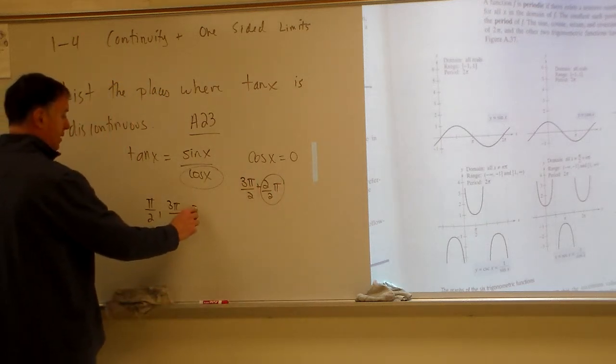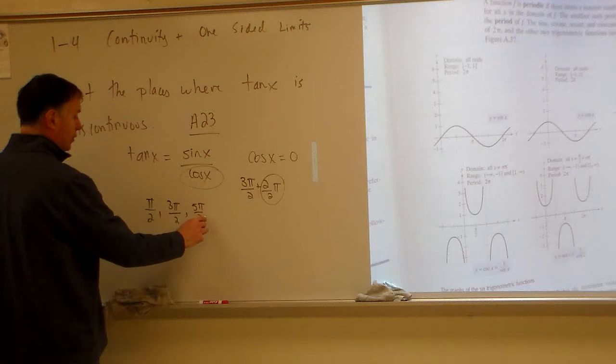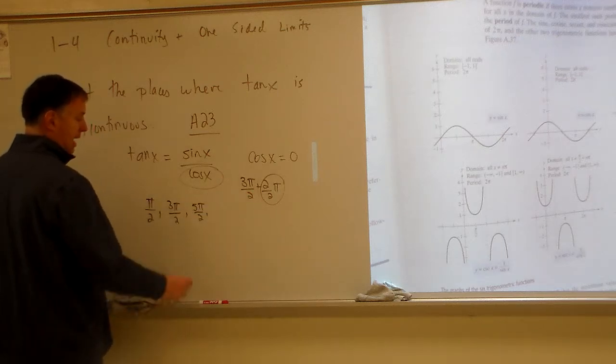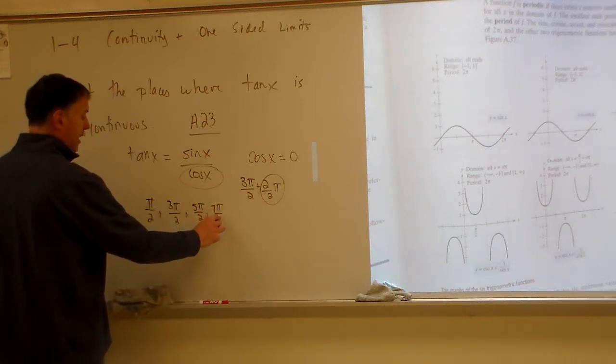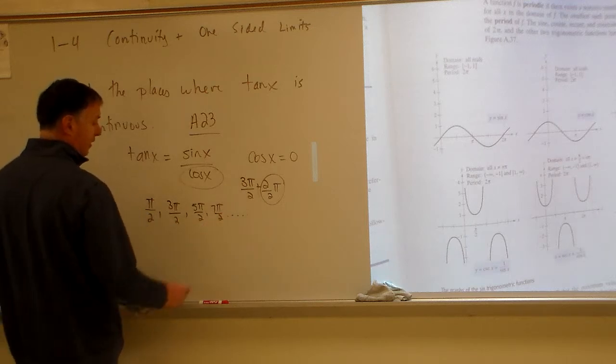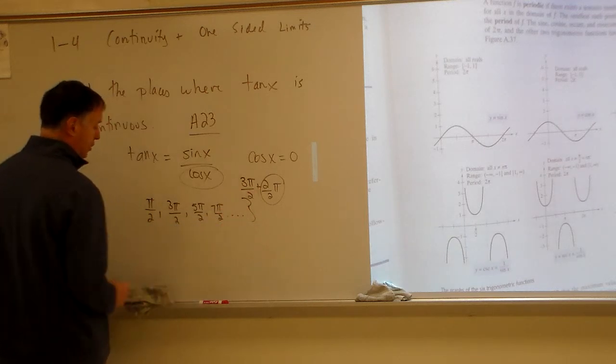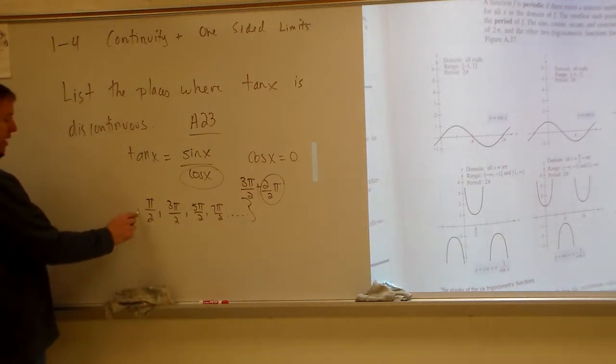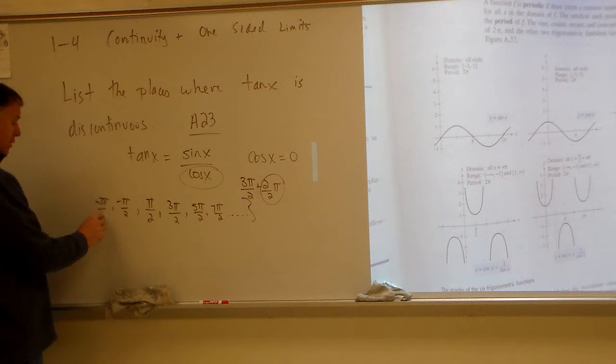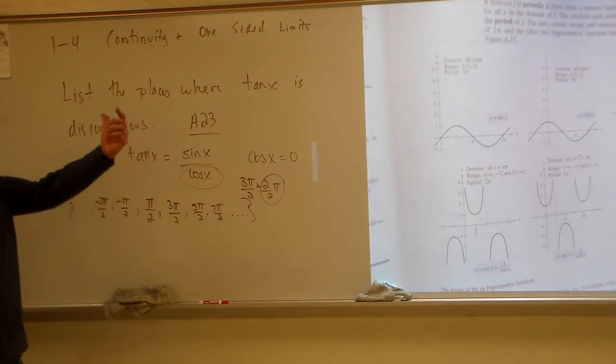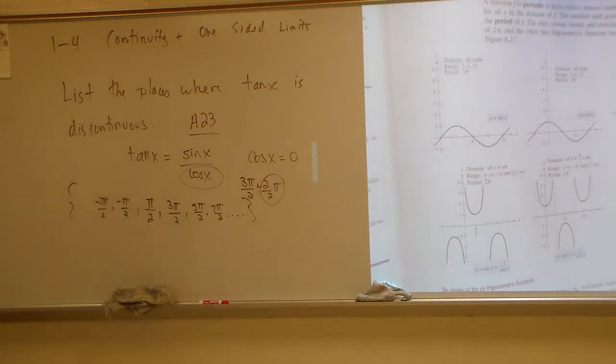So that's going to be 5 pi over 2, and if I add 2 over 2 pi again, it's going to be 7 pi over 2, and I'm going to put some dots telling me that it continues in that direction. Over here, I'm going to have negative pi over 2, and then negative 3 pi over 2, dot, dot, dot, in that direction. So I did what they asked me to do: I listed where it is discontinuous.